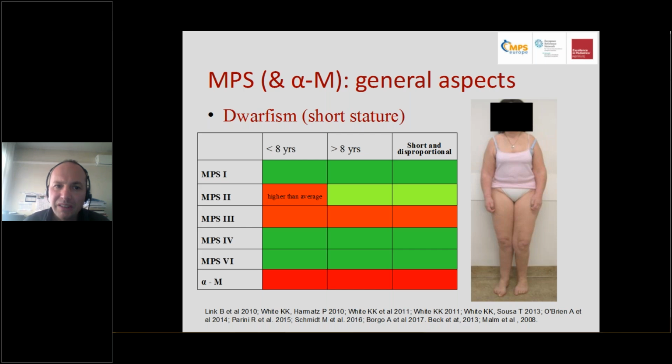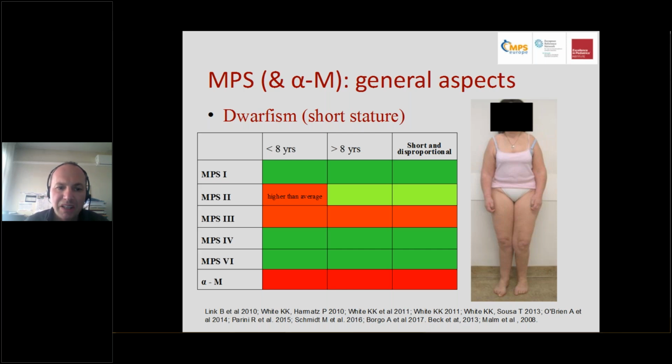And so, going deeper, about the short stature, we can see that it's very common in MPS, especially MPS 1, 4, and 6, while MPS 3 has a normal stature. And as I said before, there is no report of short stature in alpha-mannosidosis, and I underline, only from the moderate cases.